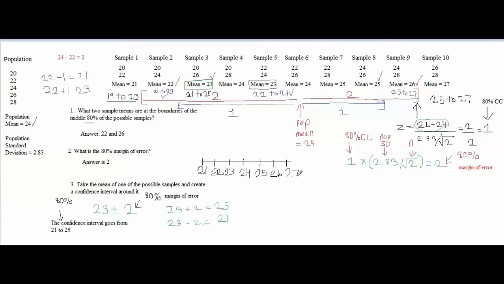Looks like we have one sample with a mean of 21. That'll be one box.